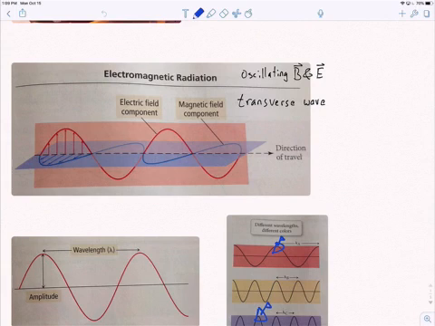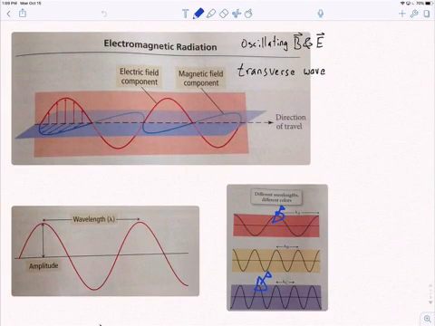And the magnetic field, in this plane, is perpendicular to that, going this way. So you have alternating, oscillating electric and magnetic fields, and they are perpendicular to the motion. The electric and magnetic fields are perpendicular to each other and to the direction of motion. In 3 dimensions, the wave is going this way, the E field is going this way, the B field is going this way. And they zero out at the same spot.